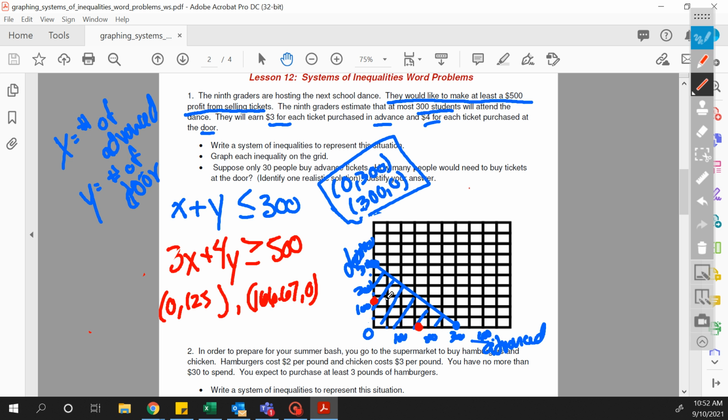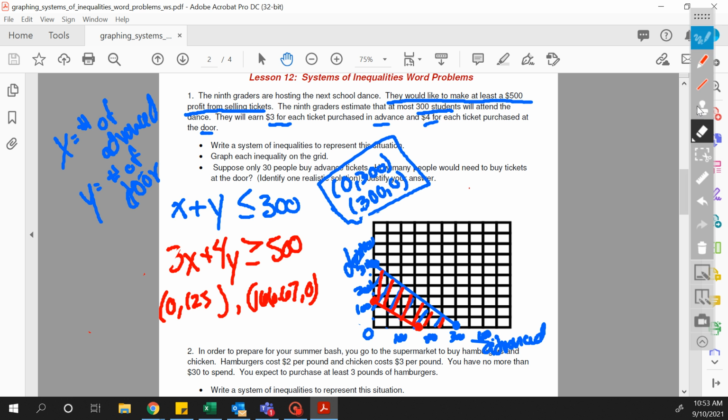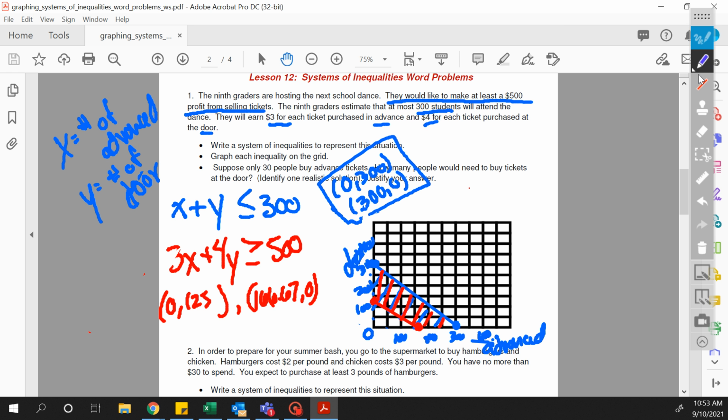And that's going to be a solid line, and that is going to be shaded above because it's a greater than symbol. So I'm looking for the overlap, and the overlap is going to be between these two lines. So graph each inequality. I've done that. Here's my overlap. I'll do my overlap in purple here.